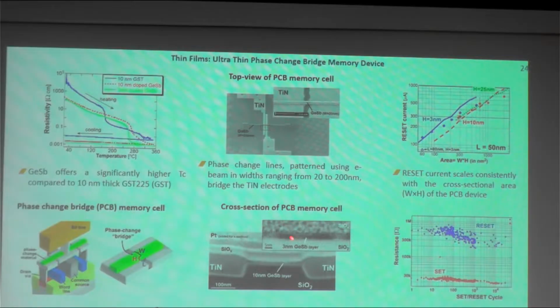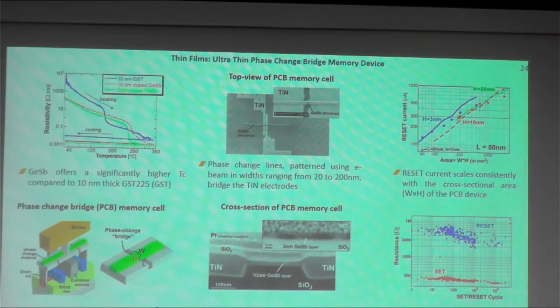Here you can see the integration of this 3 nanometer germanium antimony layer into a real device with titanium nitride and on silicon.